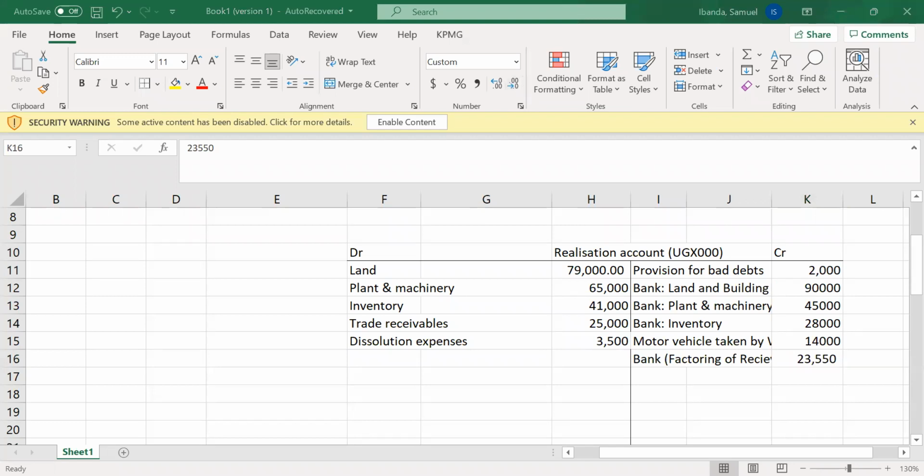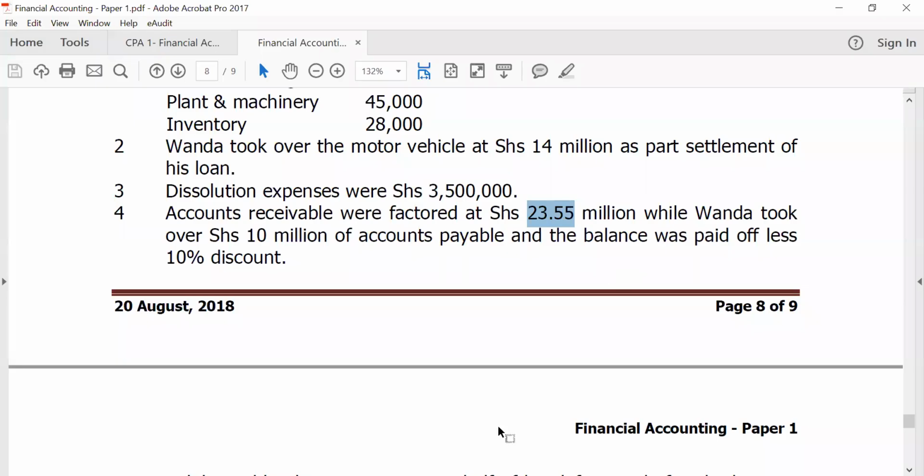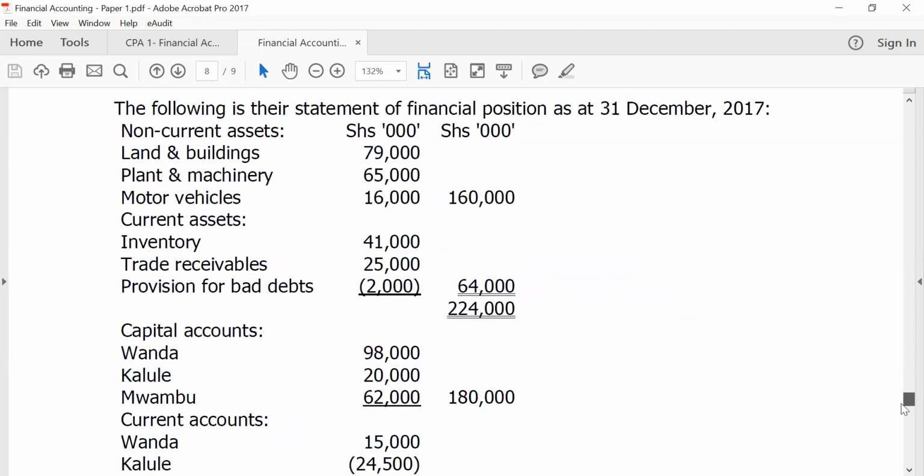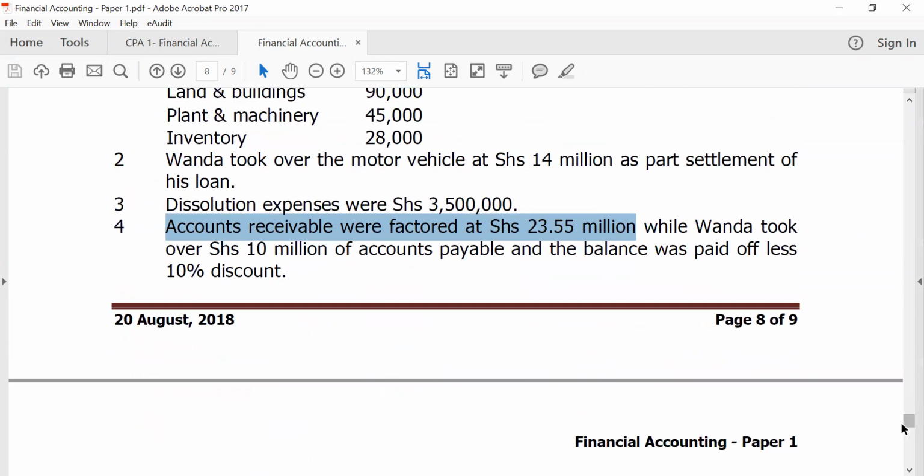They're telling us that these were factored. Well, Wanda took over 10 million and the balance was paid less. So the receivables basically end here. They end there because they were 25 and they were factored at that value.